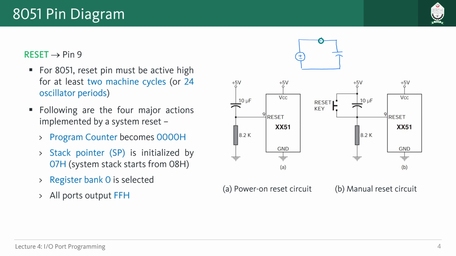Now if we connect this switch, and let's say this is 5 volt, we are trying to measure the voltage across the capacitor. Let us call that VC.